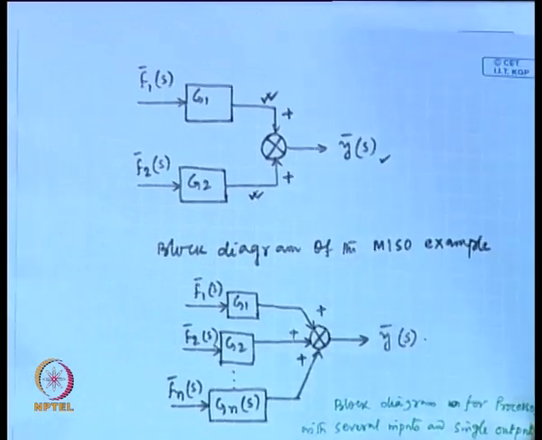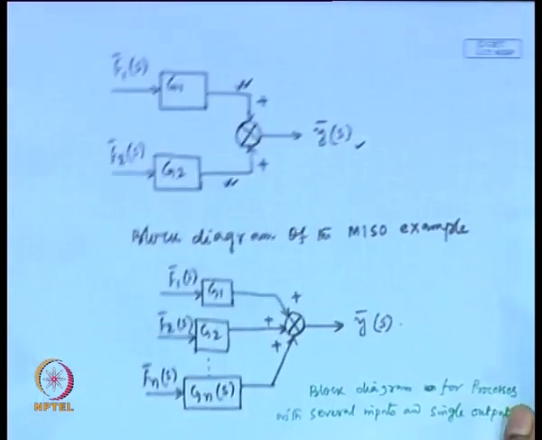fine. Now, to find the transfer function of a nonlinear process, we need to note two important points. One is, if the model is nonlinear, we need to linearize that equation. This is the first point. Second point is, we need to represent the linearized equation in terms of deviation variables, fine.